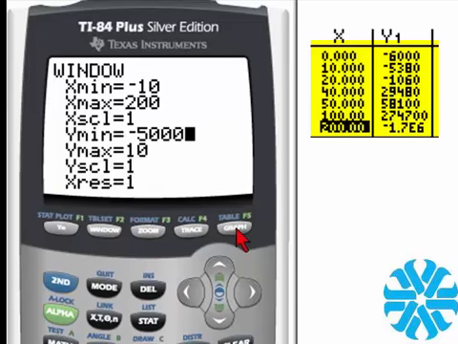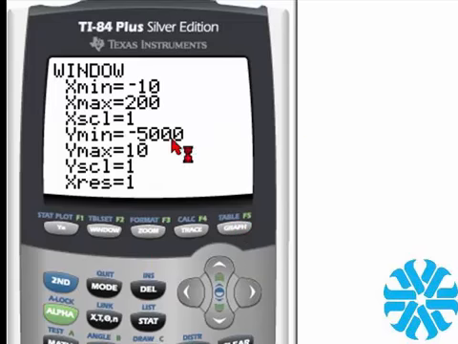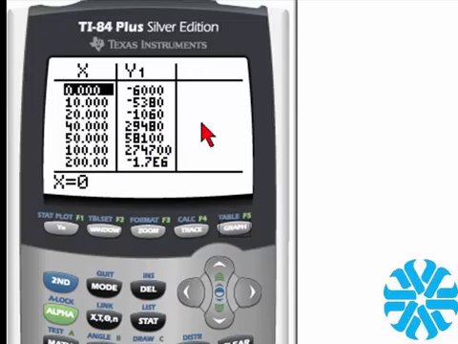And let's go ahead and set the Y scale. Let's go back here a minute to the table to see what our Y max could be. Our Y max looks like around 250,000.